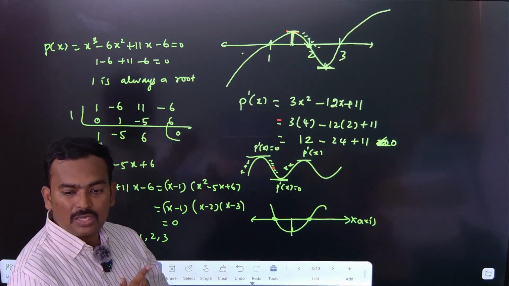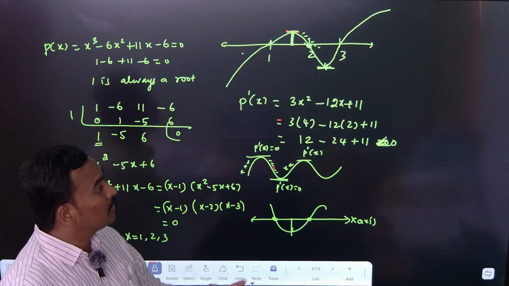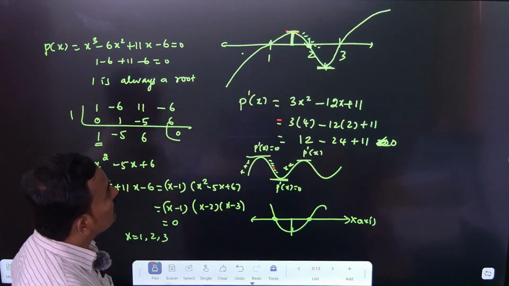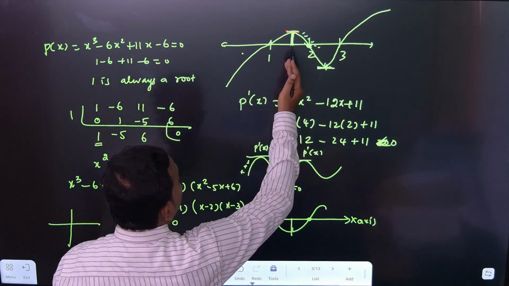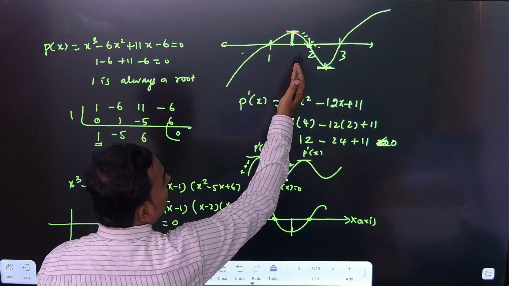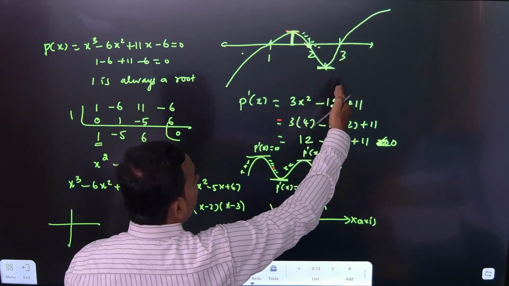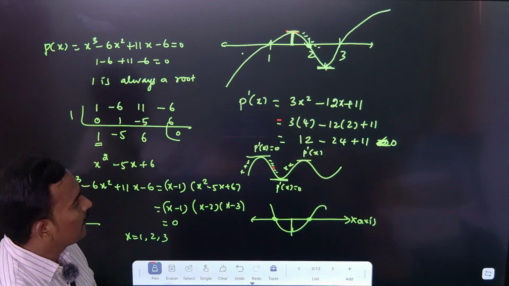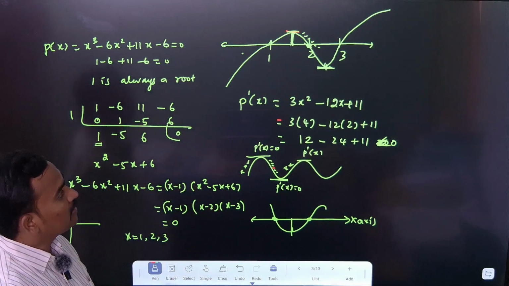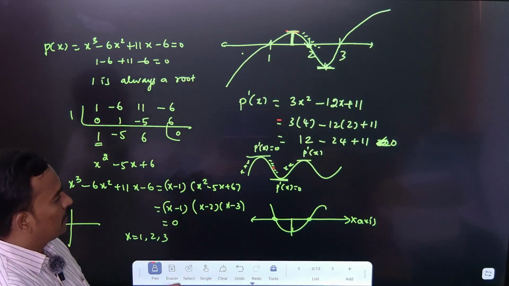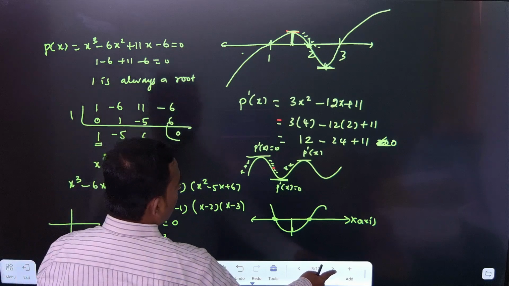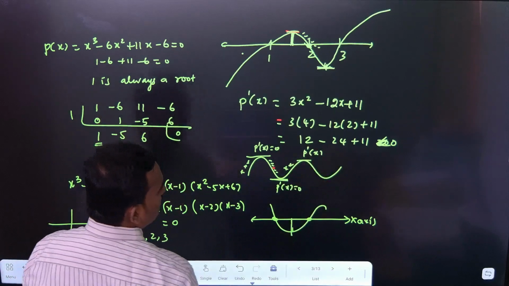Then how many, one turning point is there, two solutions are possible. You can see two turning points are there. At the first turning point, it is increasing. After that, it is decreasing. After the second turning point, it is increasing again. So therefore, three solutions are possible, right? Okay. Is it correct or not?